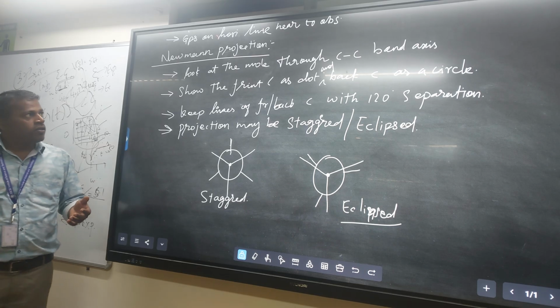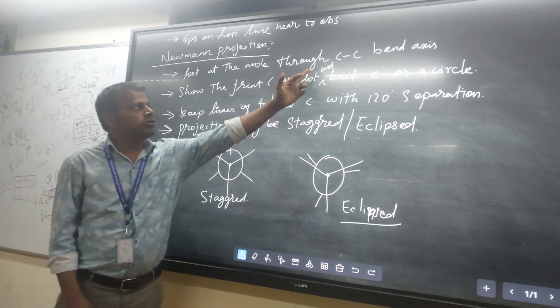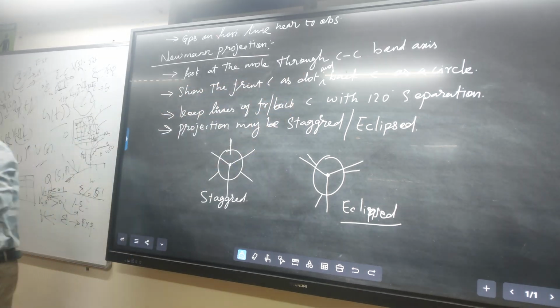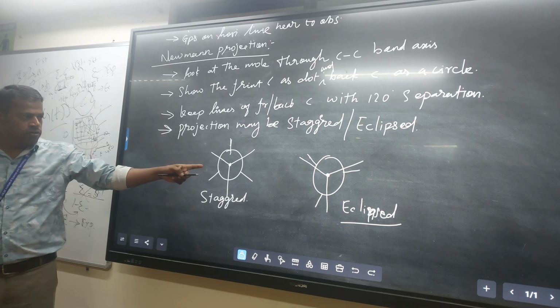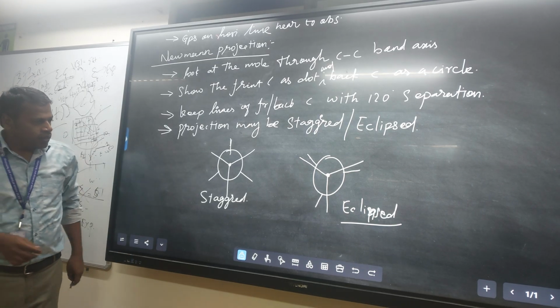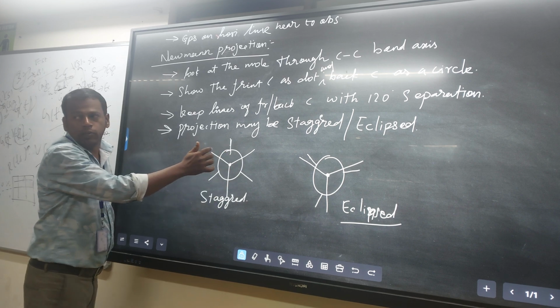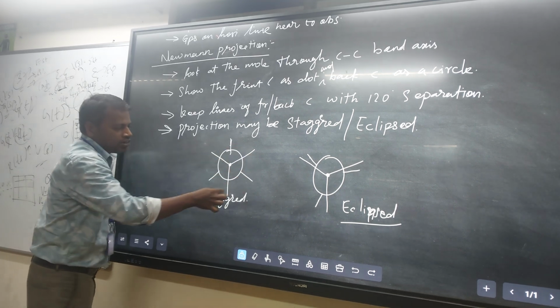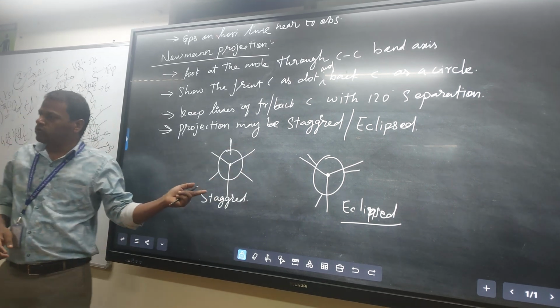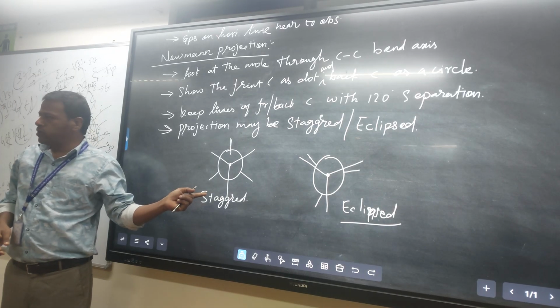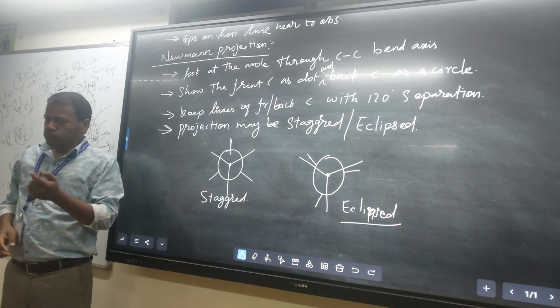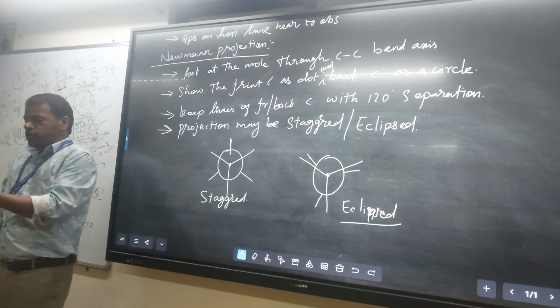Okay, right. So look at the molecule through the carbon-carbon bond axis. That means, what is this molecule? This is one carbon, right? The circle is another carbon. Assume hydrogen is there everywhere. What is this molecule? See, look at here.